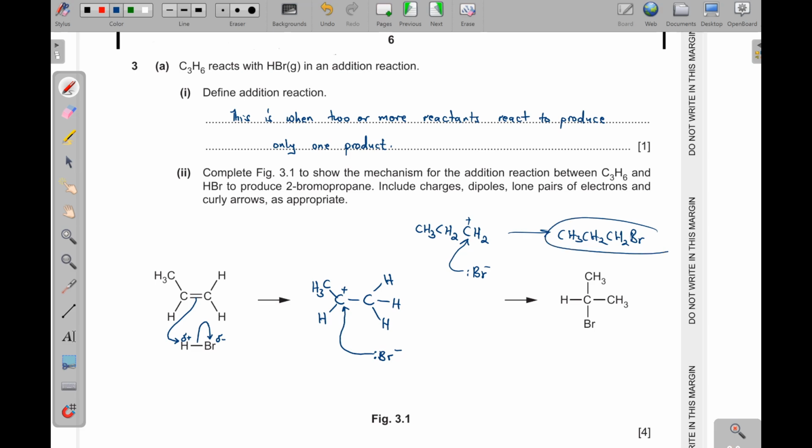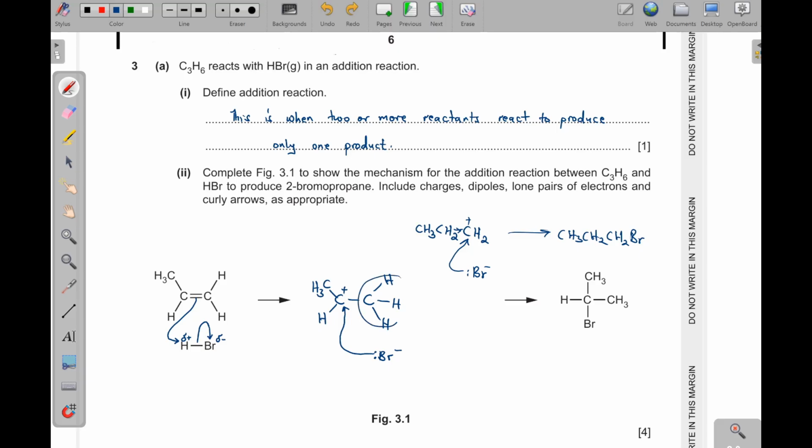This is 1-bromopropane. But here we are seeing one carbocation, I mean this carbocation here. There is one alkyl group here. So the positive inductive effect that comes from this one alkyl group is not so strong compared to this one here that has gotten from 2.